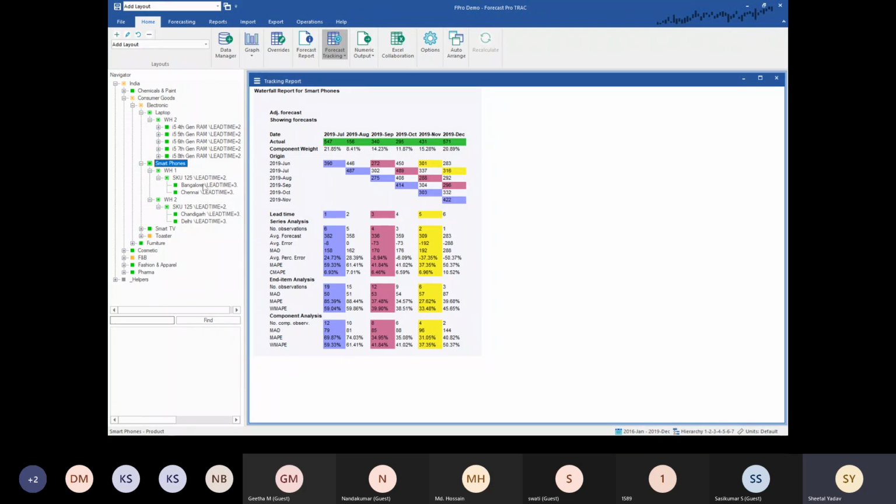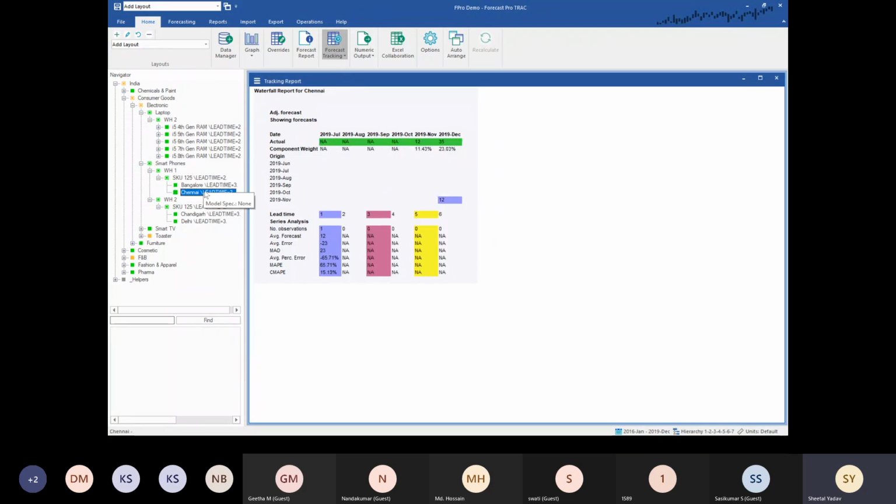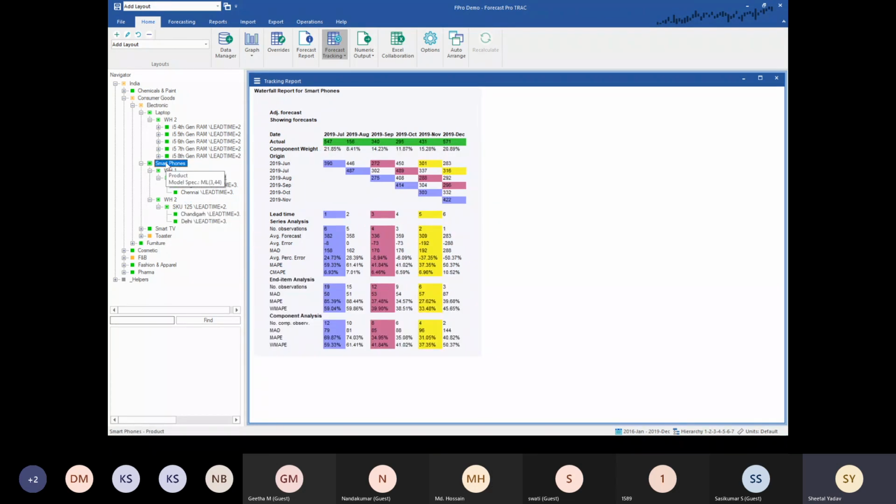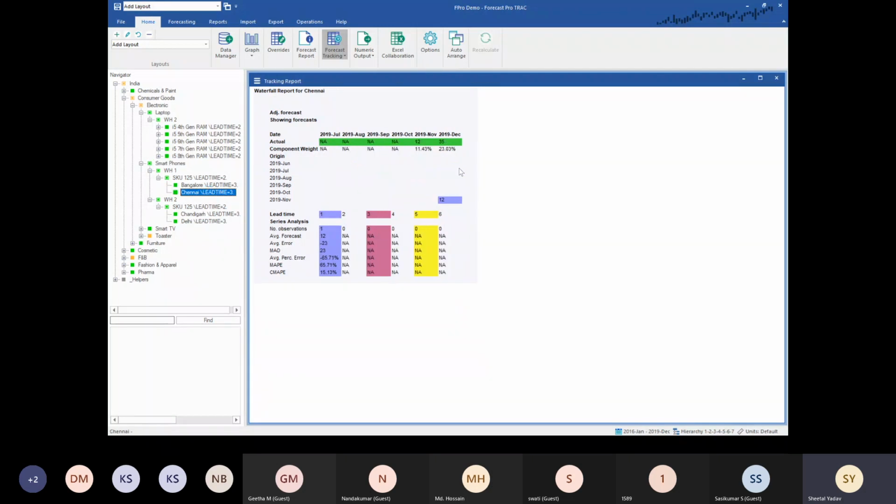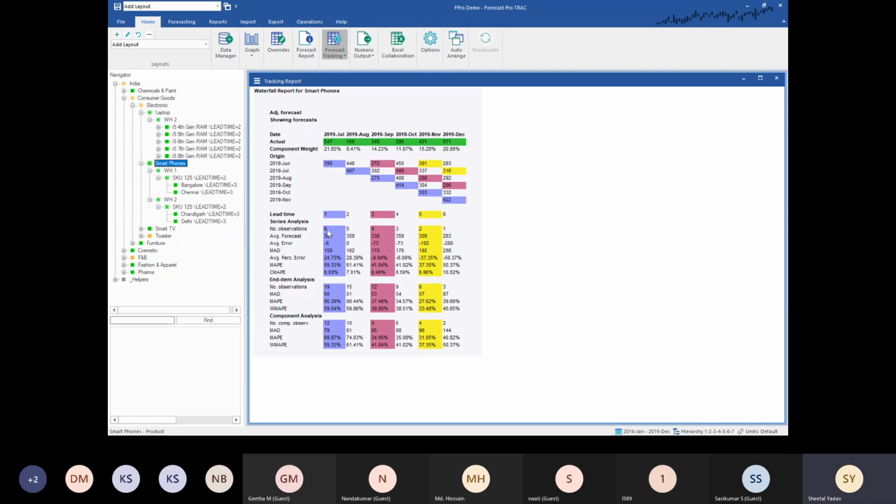It could also happen that I might not have all the observations. In this case, Chennai only started in November and December. Let's look at this case as well. Now when I go to smartphone for lead time 1, how many observations would I have? I would have one observation over here for Chennai, and for the rest of the items, I have full observations. 3 into 6 observations.